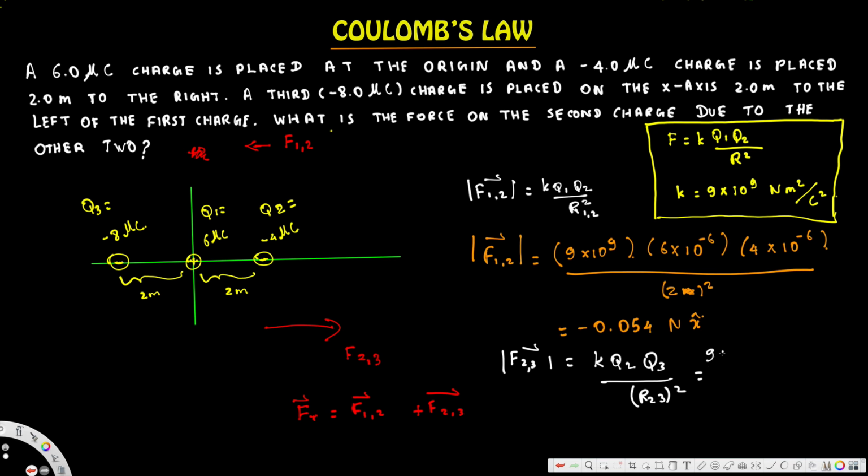Now let's plug in the values. K is 9 times 10 to the power of 9, multiplied by Q2, which is 4 microcoulomb, so 4 times 10 to the power of minus 6, and Q3 is 8 microcoulomb, 8 times 10 to the power of minus 6, divided by the distance in between. From here to here, the total distance is 4 meters, so this is 4 squared.